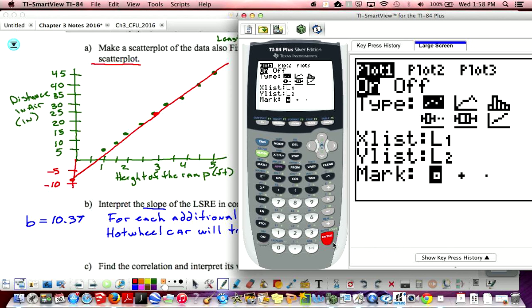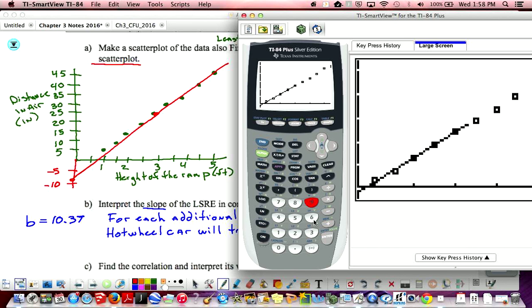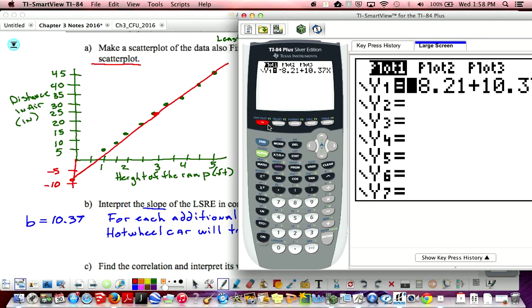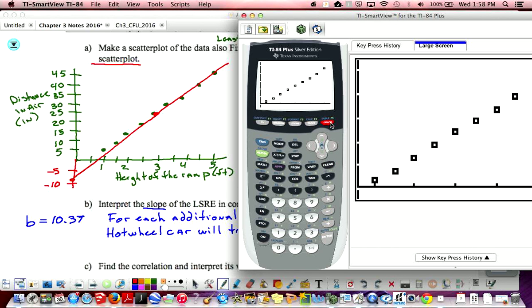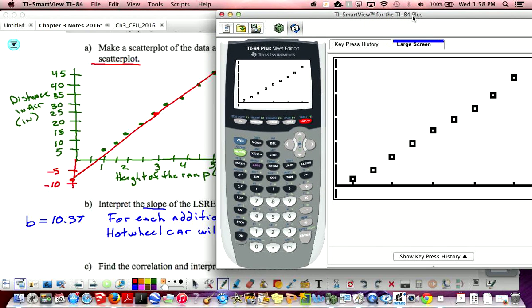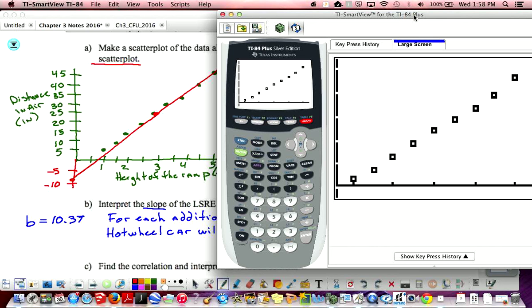You might have list 3 and list 4 here. You just have to go down and change them. So if you have your scatter plot in, go ahead and go zoom 9. Does my scatter plot look like what I have graphed over here?